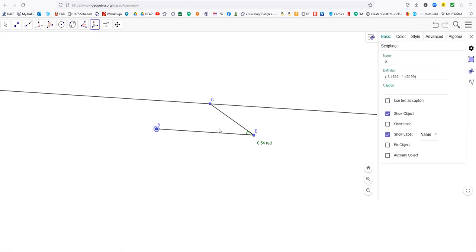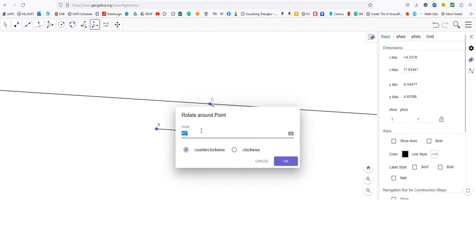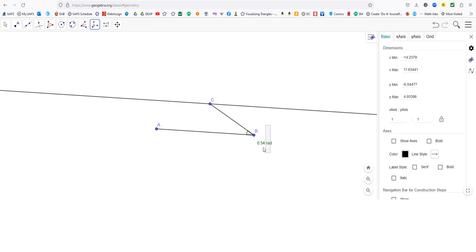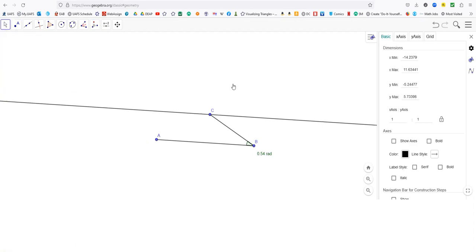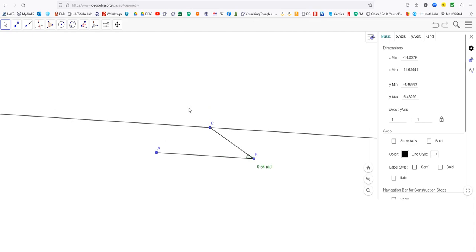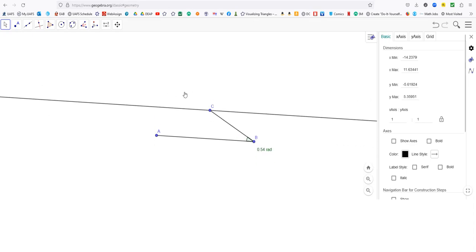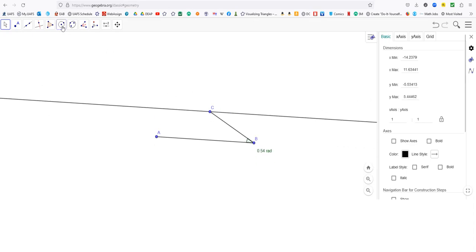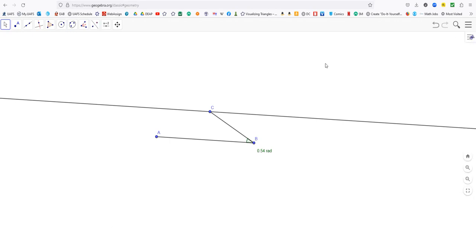Rotate A about B through angle B, and we want to go counterclockwise. Where did it go?